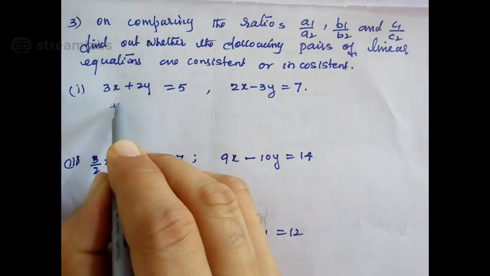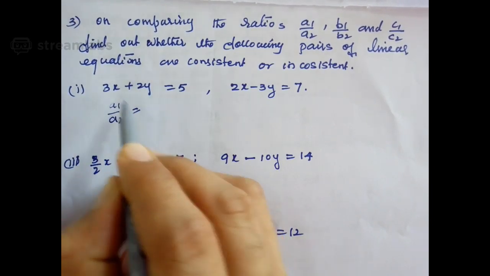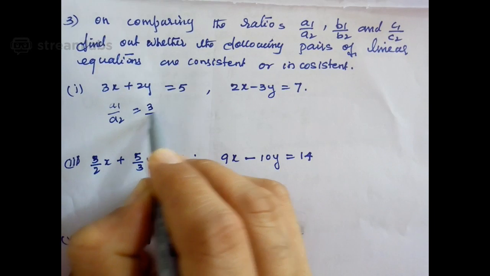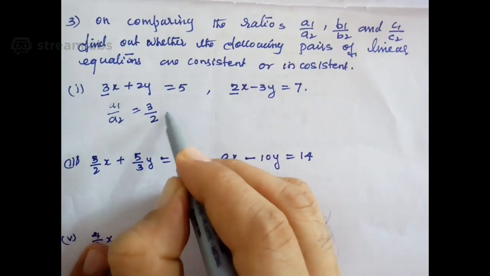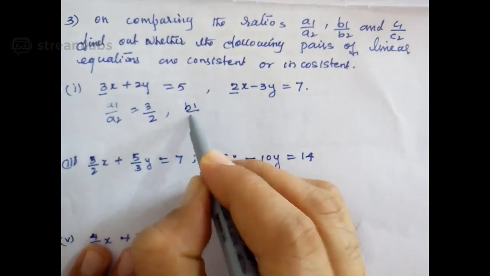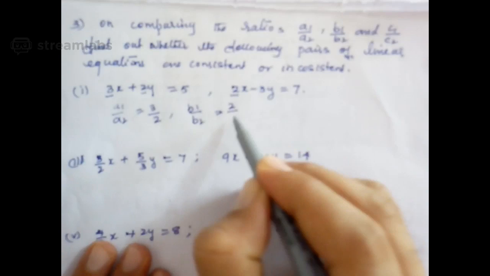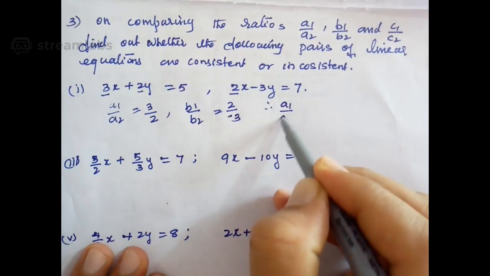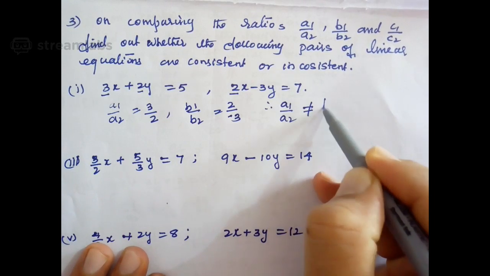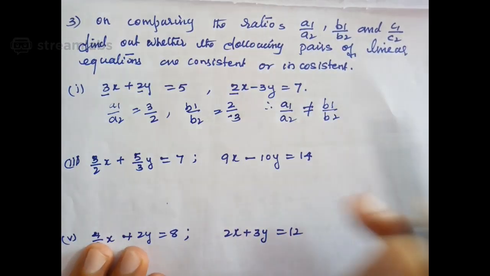Let us do a1 by a2. What is a1 by a2? a1 is 3, a2 is 2. a1 by a2 is 3 by 2. What is b1 by b2? b1 is 2, b2 is minus 3. Therefore a1 by a2 is not equal to b1 by b2, isn't it?